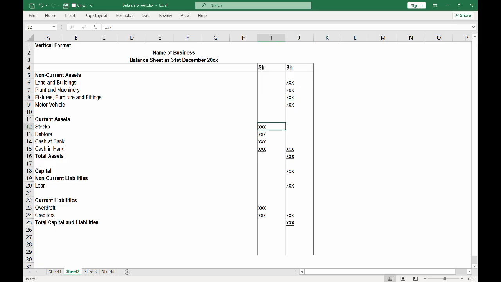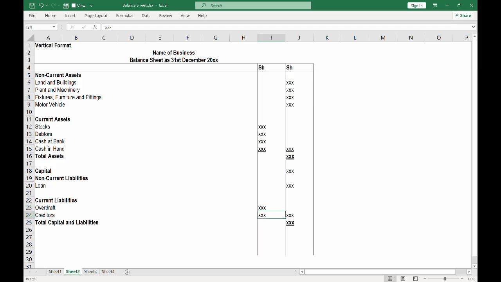Then you have the current assets: stocks, debtors, cash at bank, cash in hand. These are listed in the order of liquidity. Then you have the capital and the current liabilities, which are listed in order of payment. So the total assets must be equal to the total capital and liabilities.